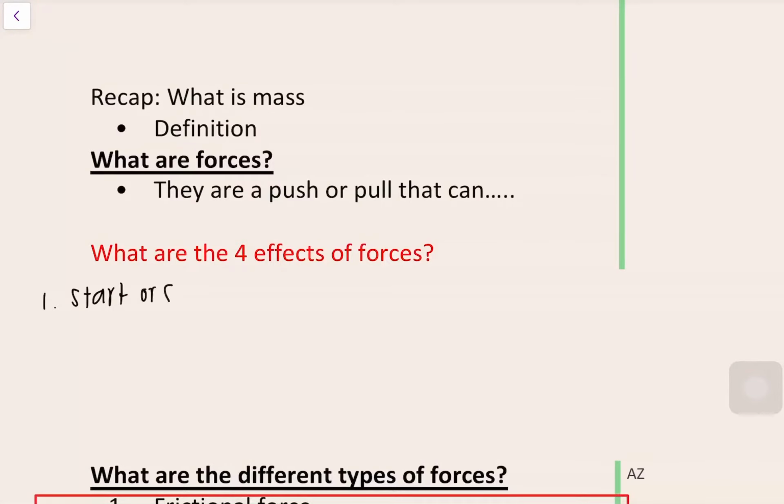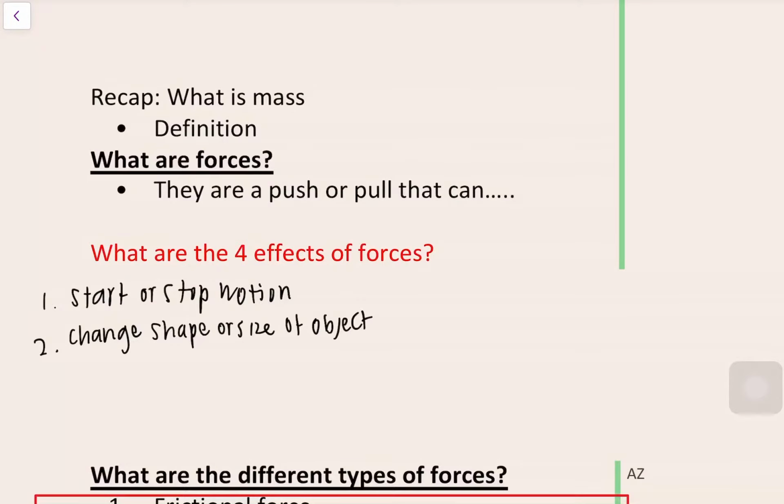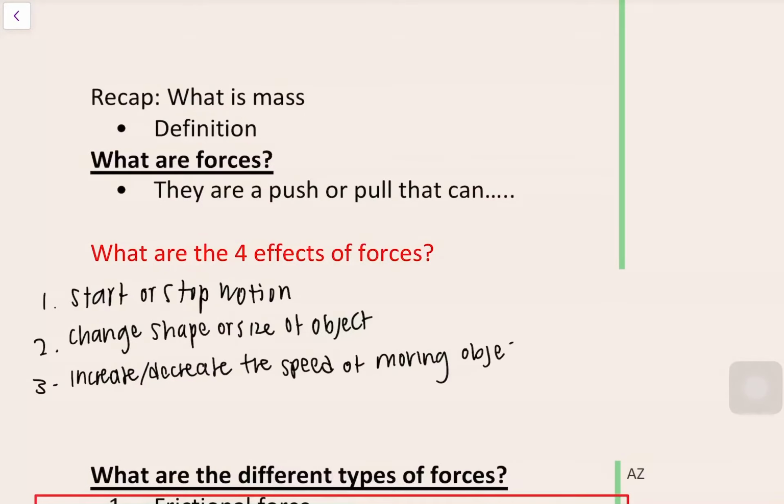So firstly, they can start or stop motion. Secondly, they can change the shape or size of an object. Third, they can increase or decrease the speed of a moving object.